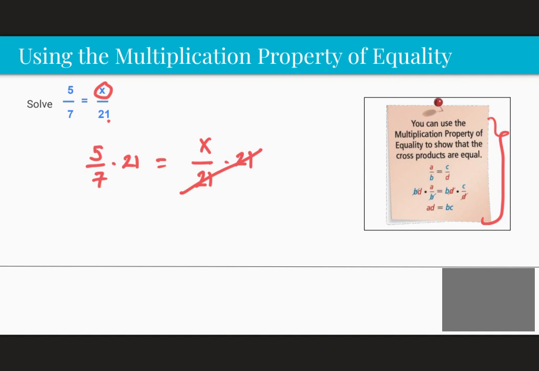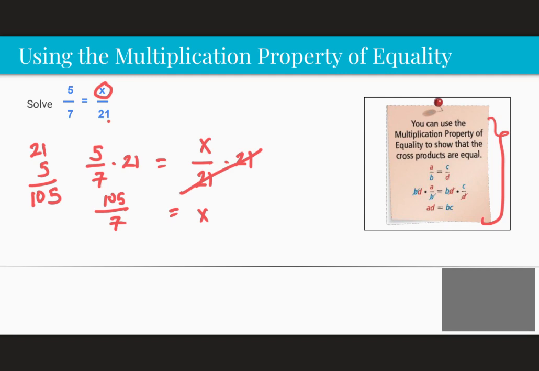Let's double check: 21 times 5, 5 times 1 is 5, and then 5 times 2 is 10, so 105. So it's going to be 105 over 7, so x is equal to 105 over 7.